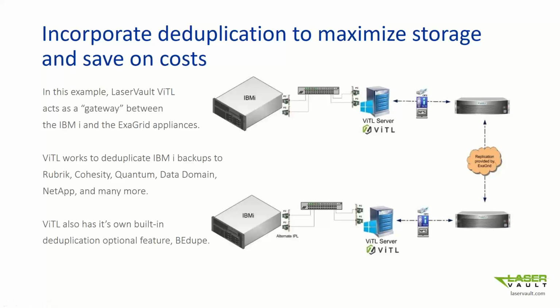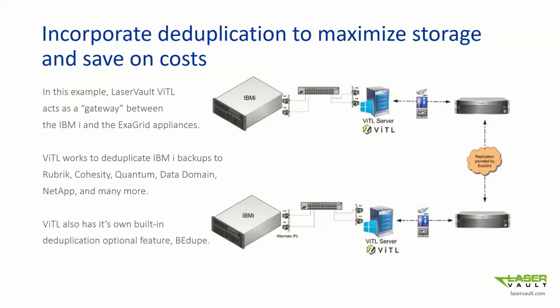Deduplication. So this is a way to save big time on storage. We work with several deduplication backup appliances: Rubrik, Cohesity, NetApp, Exagrid, and we're just a gateway in that case where we connect to the storage for your backups. So there's no storage required on the LaserVault Vital server.